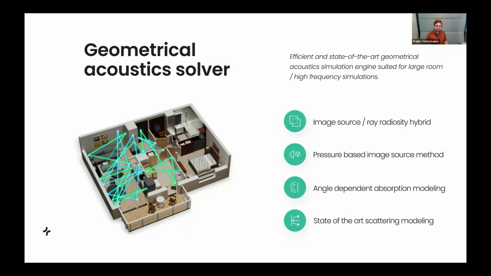An image source algorithm is an algorithm that traces all of the image sources within a space. And an image source is the deterministic part of the ray solver. That is, we trace a path from a source to a receiver, assuming specular reflections. That is, the angle of incidence and the reflected angle are the same.